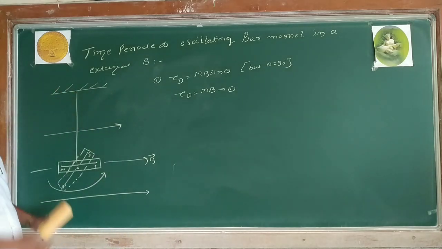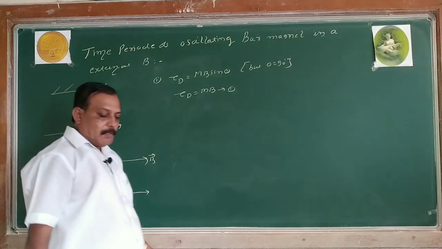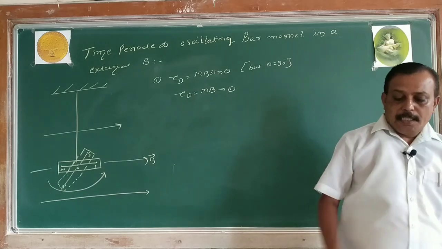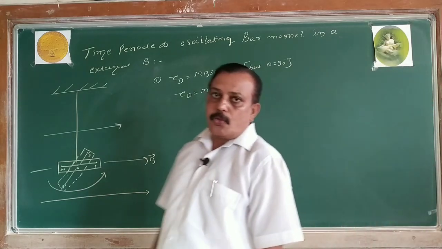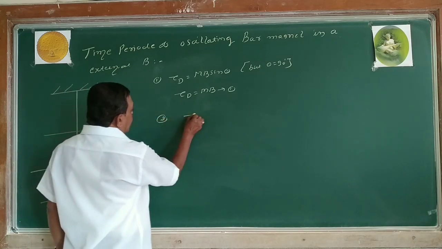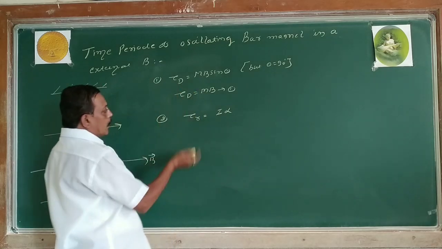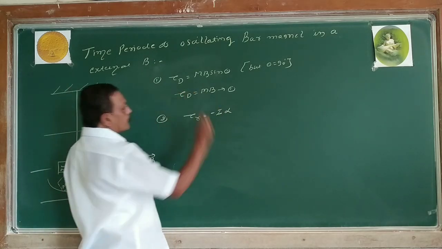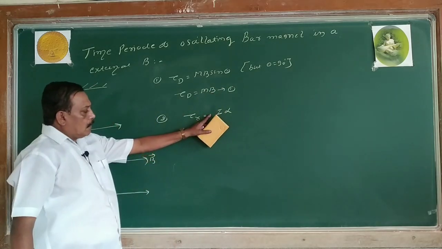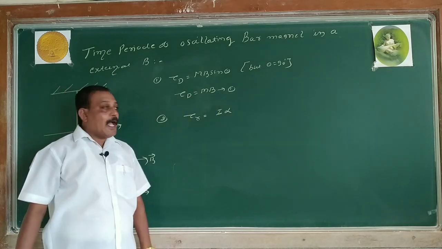Then when it rotates, the torsion is created in the suspension of the bar magnet. Due to that torsion, it rotates in the opposite direction. That is called the restoring torque. So the second one: restoring torque equals I into alpha, but it is in the opposite direction, so I put a negative sign, where I is the moment of inertia and alpha is the angular acceleration.